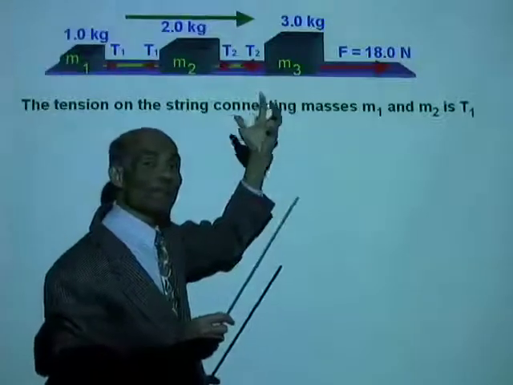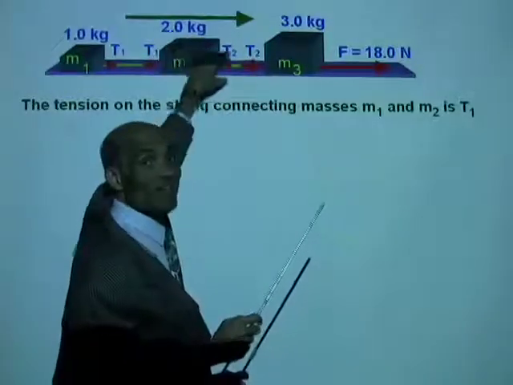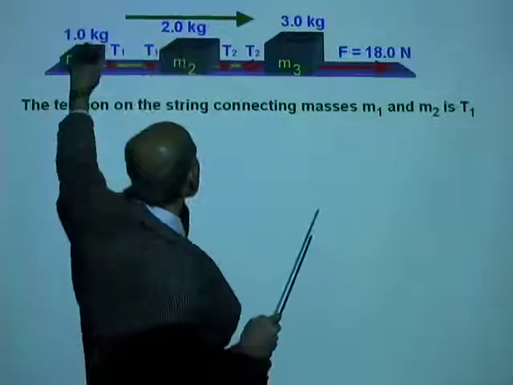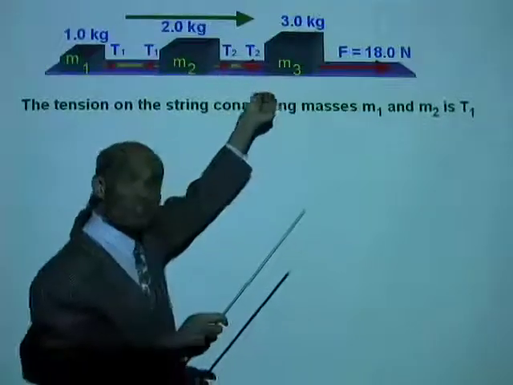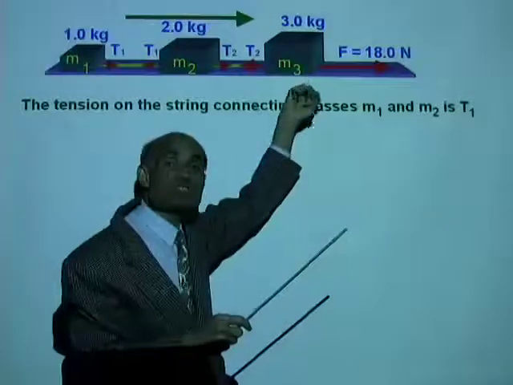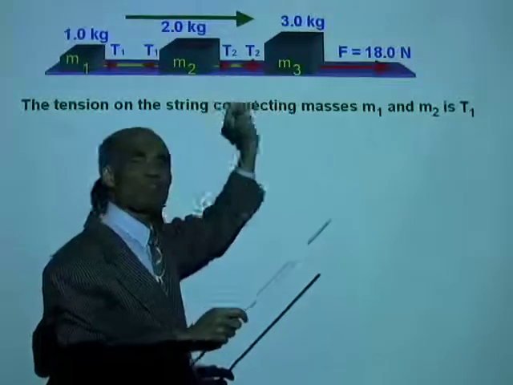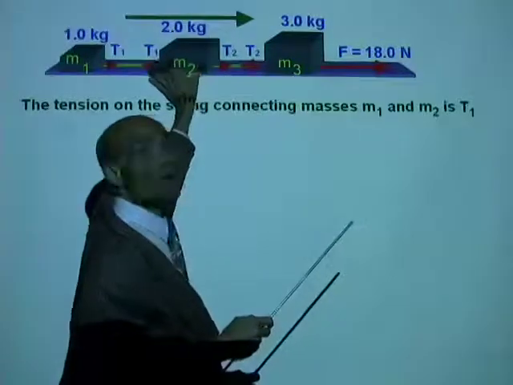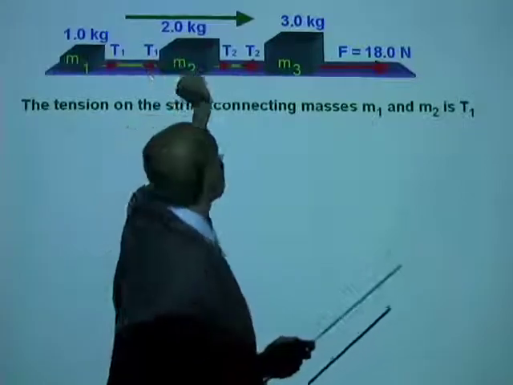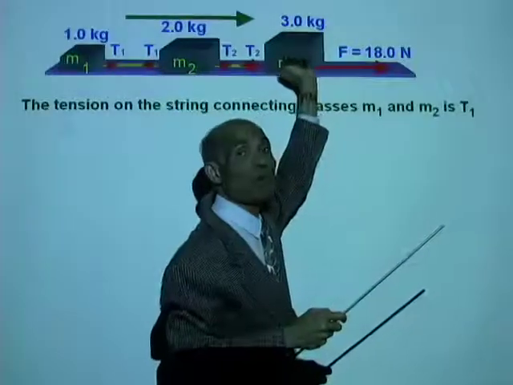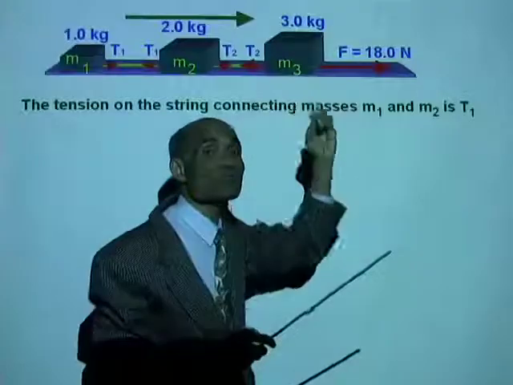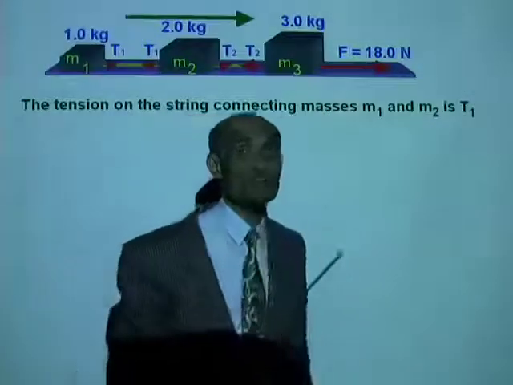Why? Because that T2 is pulling these 2 masses. That means it is pulling this m3 back with that T2. But when you look at the motion of m2, that T2 is pulling it forward. So you must be able to understand the directions of these tensions.